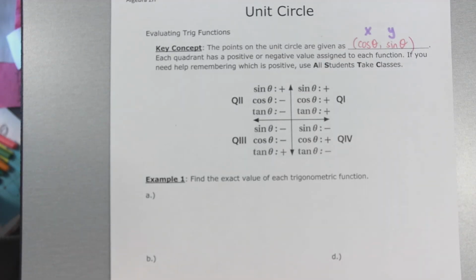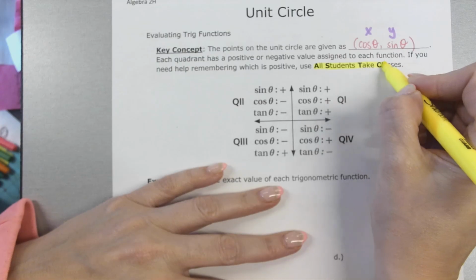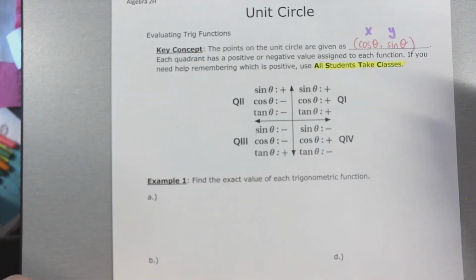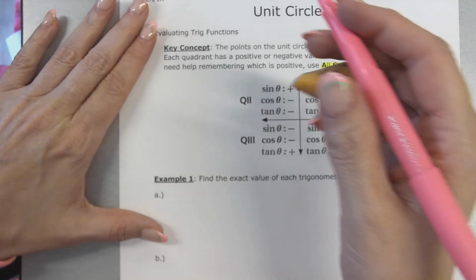What we usually do is we remember which quadrant has a positive value, and we use this acronym, all students take classes, or some books will say all students take calculus.